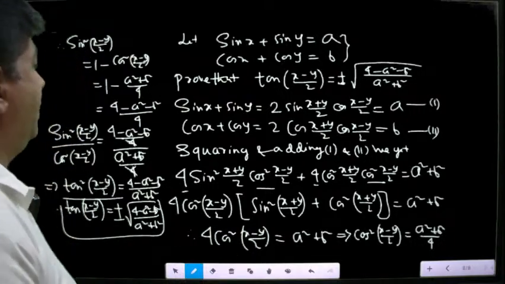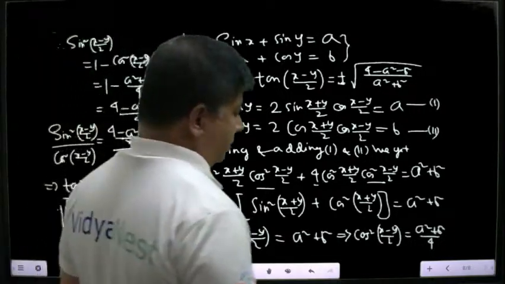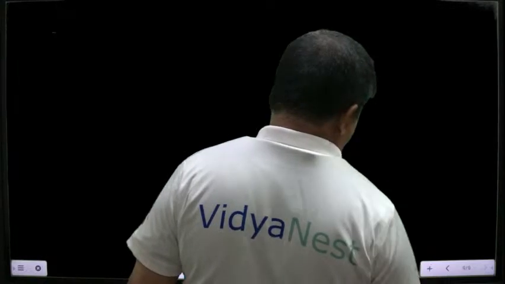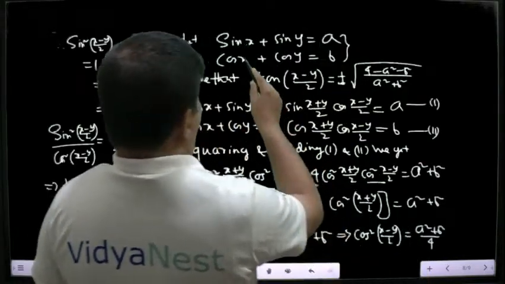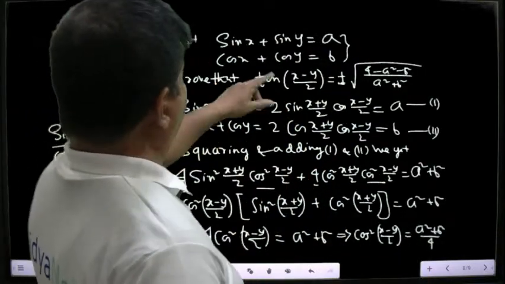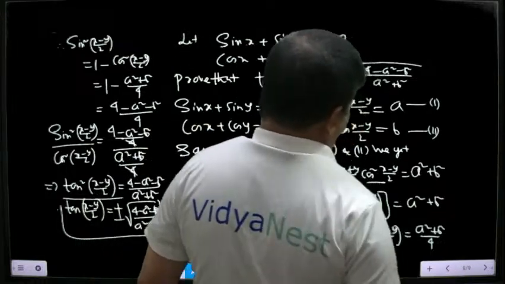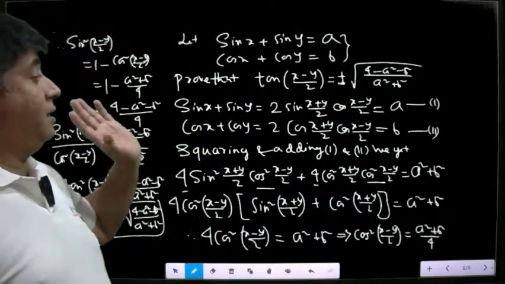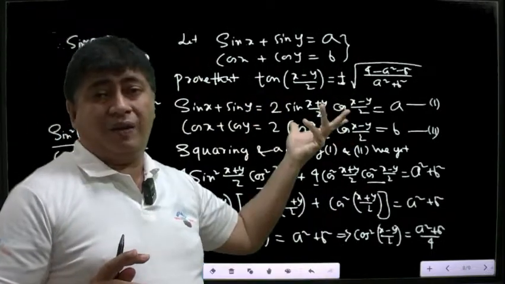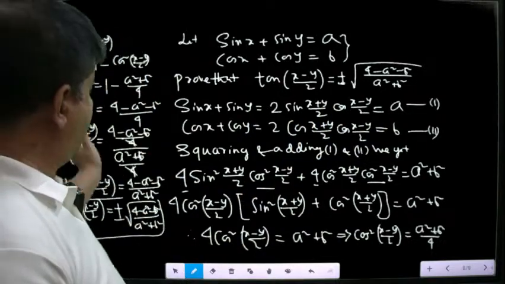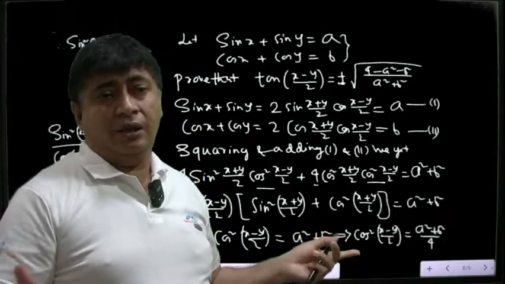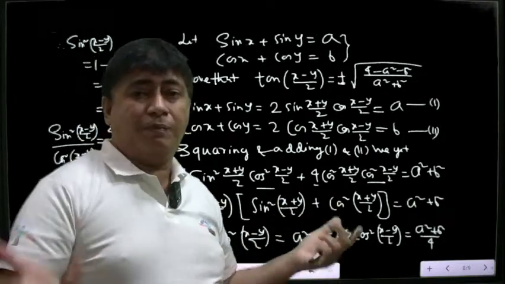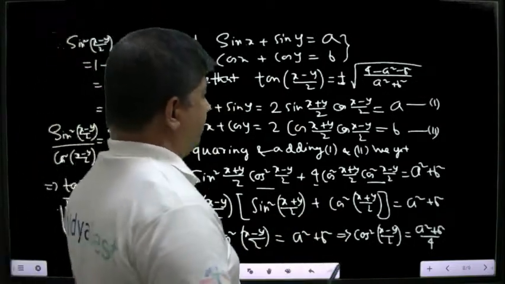Now suppose another sum with the same data: sin x plus sin y is a, cos x plus cos y is b. You see that this method and that method have totally opposite approaches, but the data are the same.